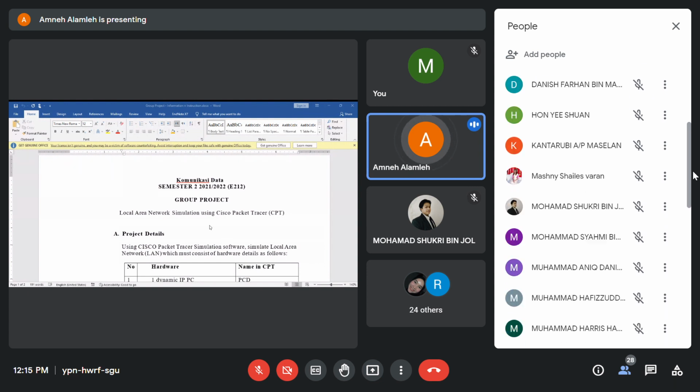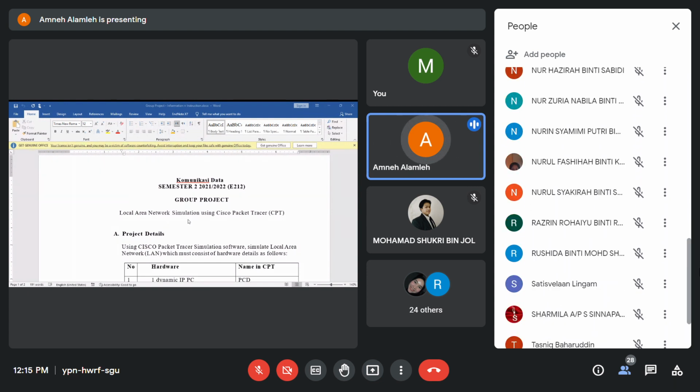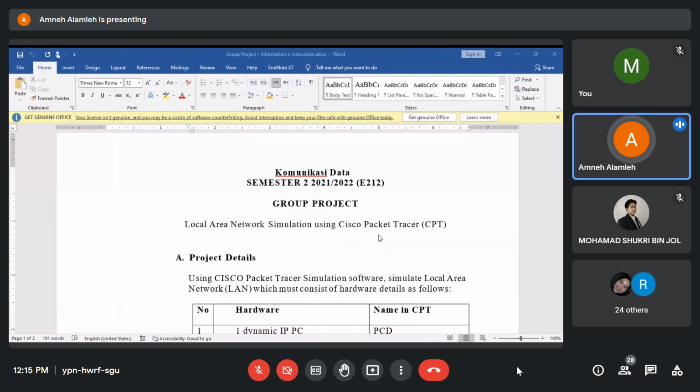I will read for you. It's a local area network simulation using Cisco Packet Tracer.